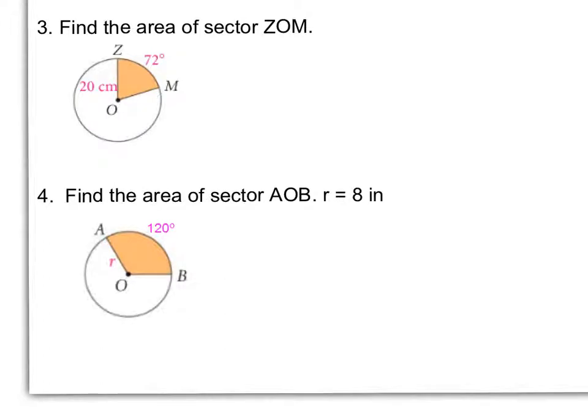In number 3, we want to find the area of sector ZOM. We know that arc ZM is 72 degrees and our radius is 20 centimeters. So to find the area, we will take the measure of our arc, so 72, divided by 360 times pi times our radius squared.